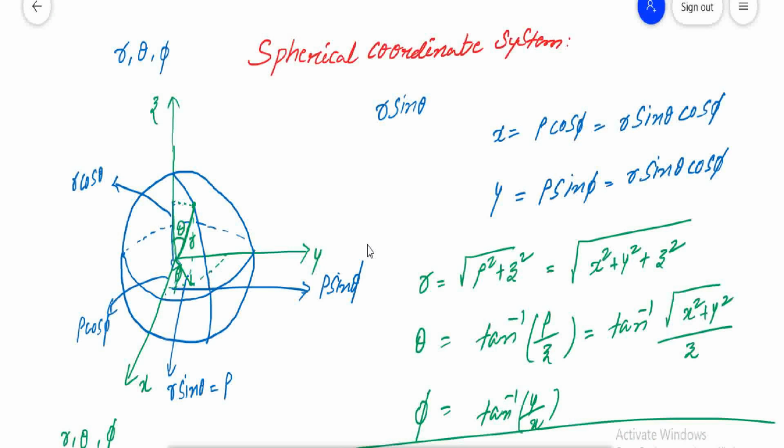In the next class we are going to see the conversion between the spherical coordinate system and the rectangular coordinate system, the conversion between the spherical coordinate system and the cylindrical coordinate system, and vice versa. And we'll continue with some numerical problems also.